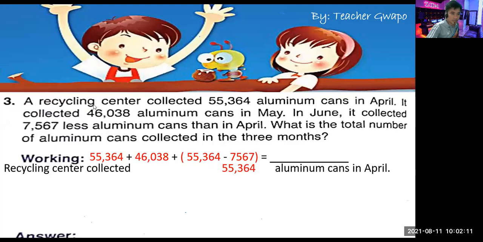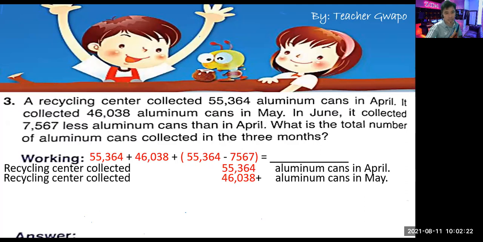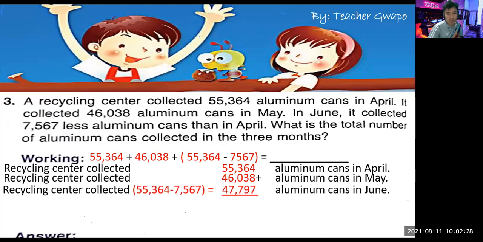Recycling center. Recycling center collected 55,364 aluminum cans in April. And then the recycling center collected 46,000 aluminum cans in May. And then in June, it collected 47,797.